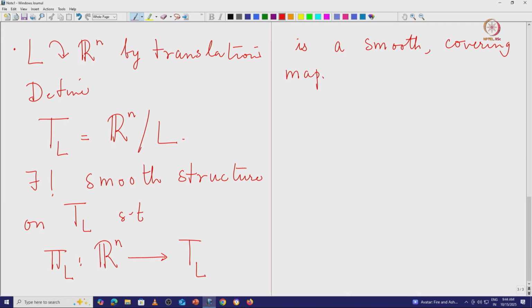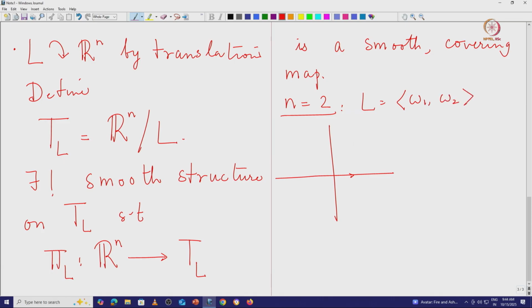Let me draw a picture in n equals 2. Here the lattice is generated by just two vectors.